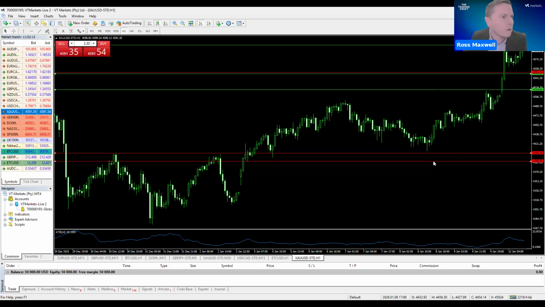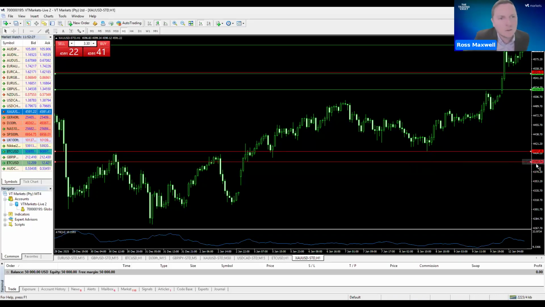And again, you can refine your entries a little bit here. I would argue against refining too much because you're going to miss a lot of trades. But this one is 43.90 to 44.05, something like that. That would be your entry on a 1 hour, rather than, I think it was, 43.85 to 44.10.